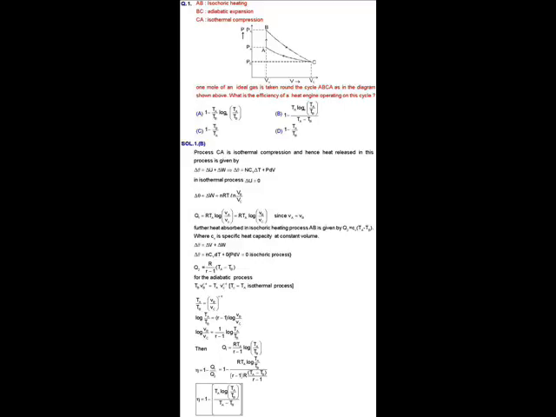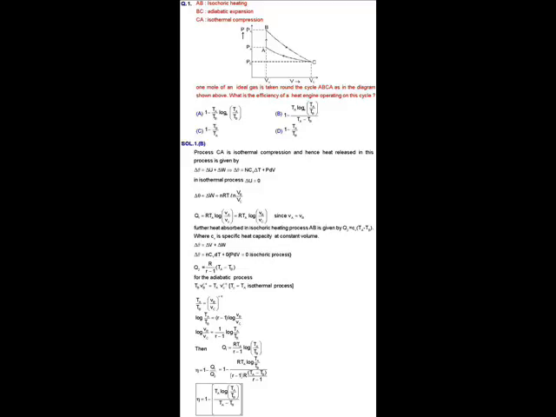Taking logs, log of TA upon TB equals (gamma minus 1) log of VB upon VC. That implies log of VB upon VC equals 1 over (gamma minus 1) log of TA upon TB. That implies Q1, the heat released by the system, equals RTA upon (gamma minus 1) log of TA upon TB.